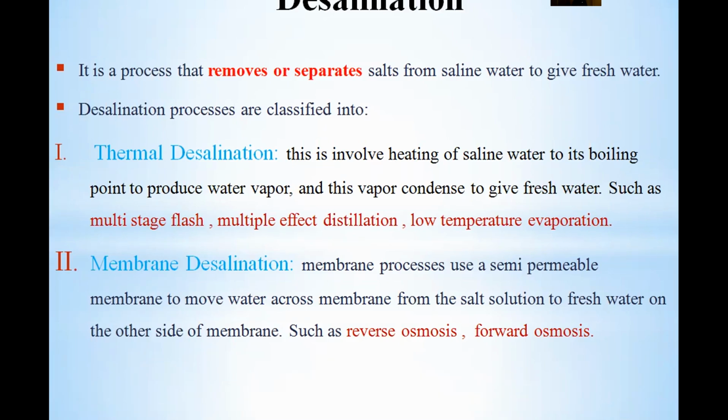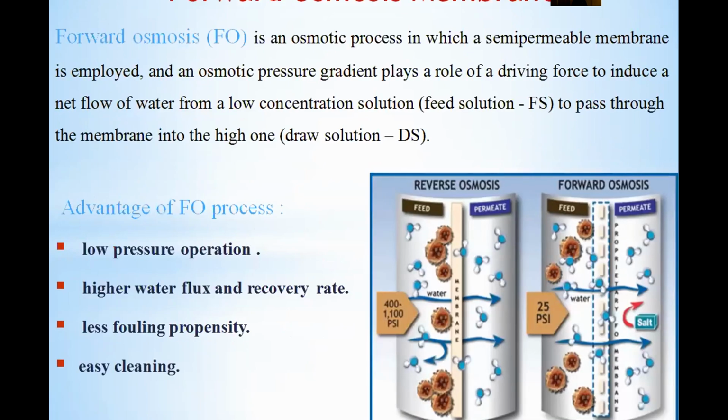The second type is membrane desalination, using a semi-permeable membrane to separate the salt from the water to get fresh water, such as forward osmosis and reverse osmosis. In our work, we use a forward osmosis membrane. What is forward osmosis?